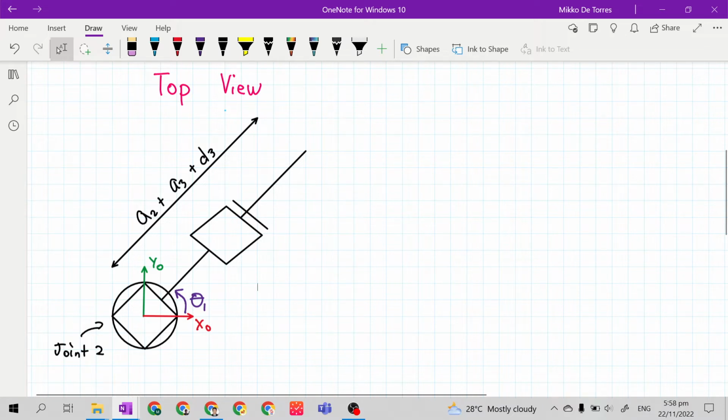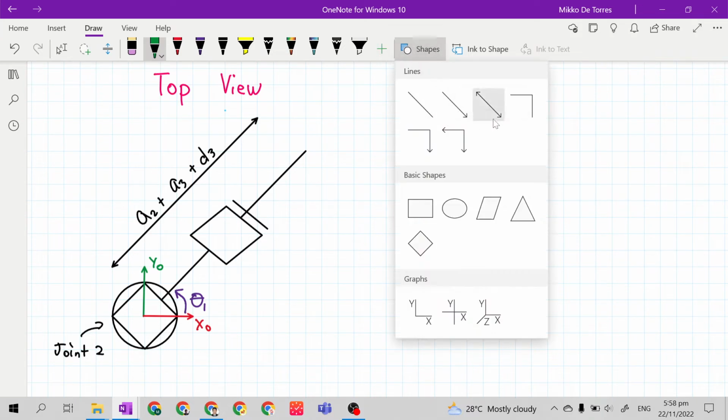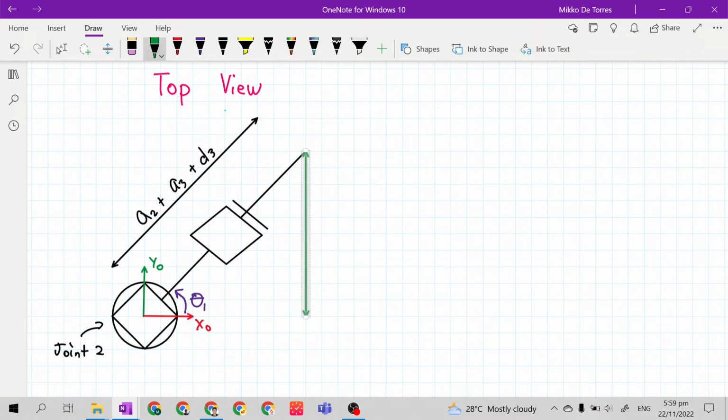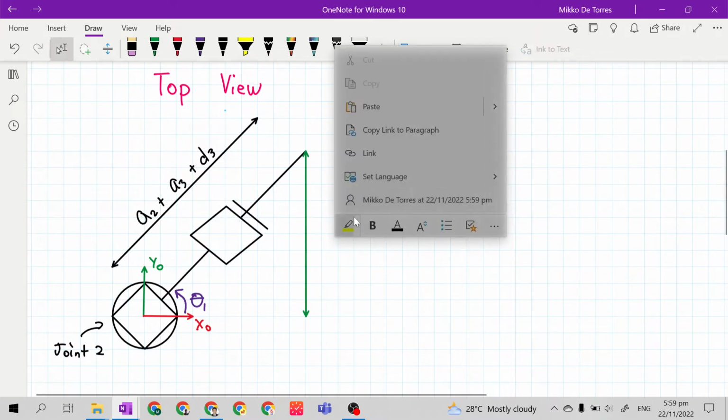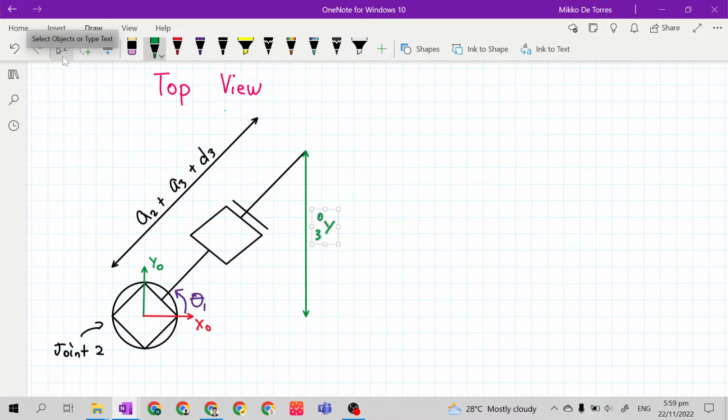From the end effector up to the base along the y sub 0 axis, we will have y03, the given coordinate, or given value for our position vector's y element.